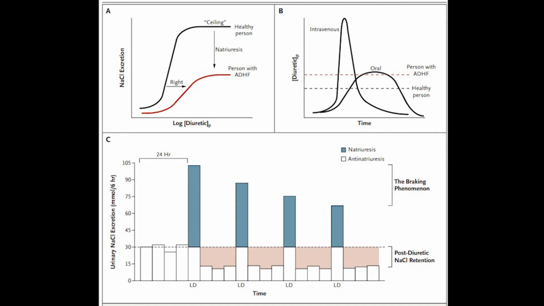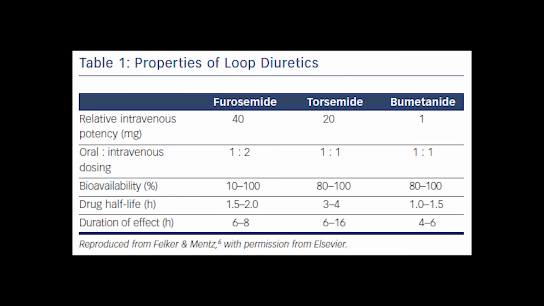Like you see here, it's a sharp increase, but then the length of time might be short. So, briefly, I'm going to review the duration of effect for furosemide, torsemide, and Bumex. Usually the conversion for Lasix from oral to IV is 2 to 1. For torsemide it is 1 to 1, and Bumex is 1 to 1.